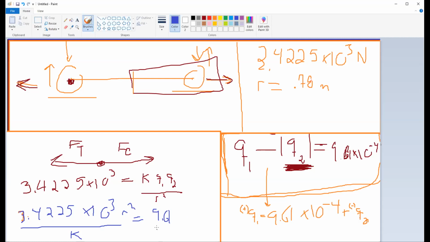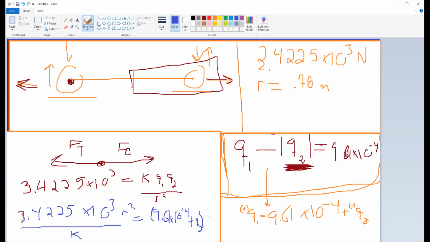That's a 6, right? Yes, that's 6. 9.61 times 10 to the negative 4. Oh, come on. Hold on. Started writing like 3 inches above where I was writing. Times 10 to the negative 4 plus Q2, and then that's times Q2.